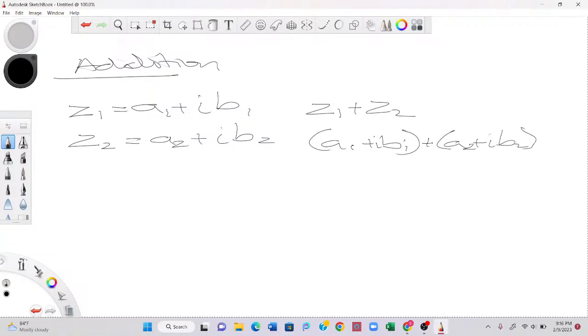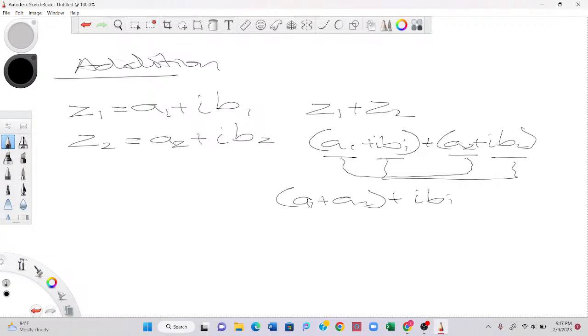In adding complex numbers, you add the real parts to the real parts and the imaginary parts to the imaginary parts. So it's going to be A1 plus A2 plus iB1 plus iB2. If you factorize the i out, it becomes (B1 plus B2)i. That's all for the addition.